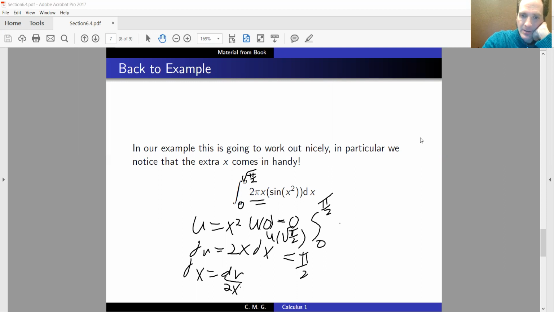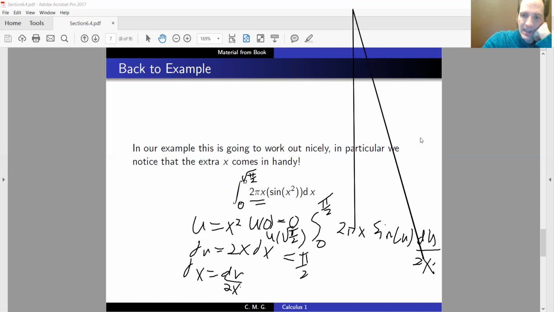And then I have 2 pi x sine of u du over 2x, and the x's cancel and the 2's cancel. And so I'm now just integrating from 0 to pi over 2 sine of u with an extra pi out front.